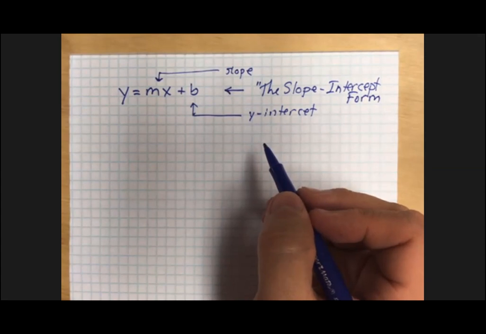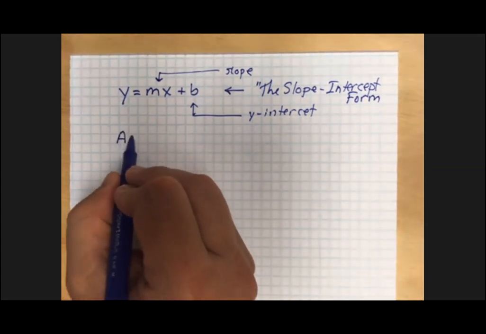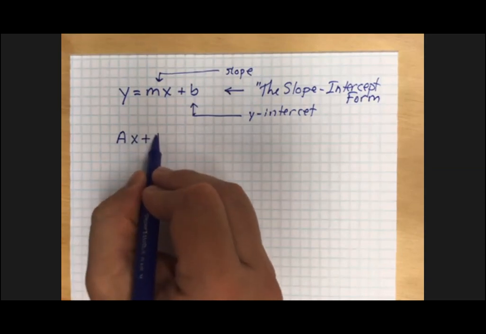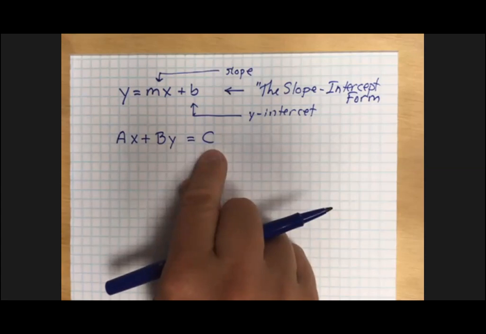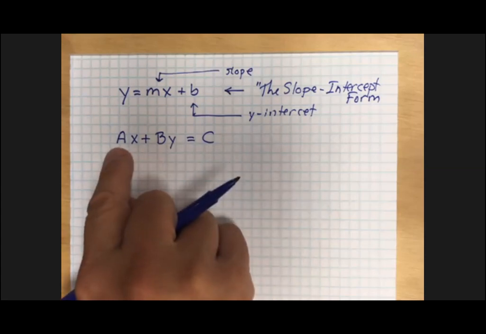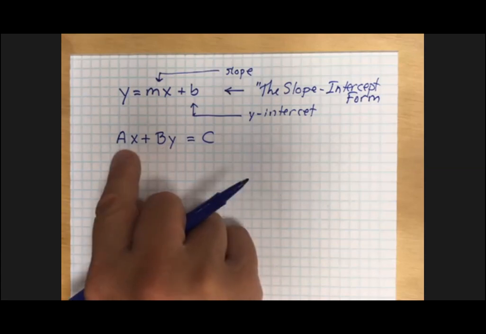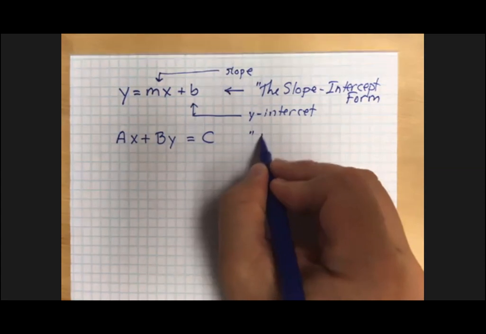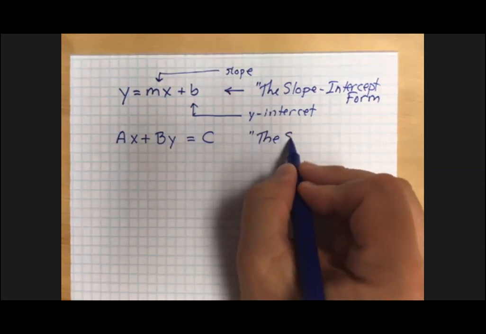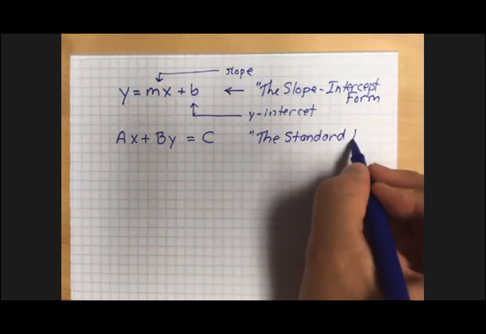There's another way people write lines I've also shown you. It says, what happens if you gather all the x's and y's on one side and set equal to this constant c? If you have ax plus by on one side, you haven't solved for x or y. This is called the standard form of a line.